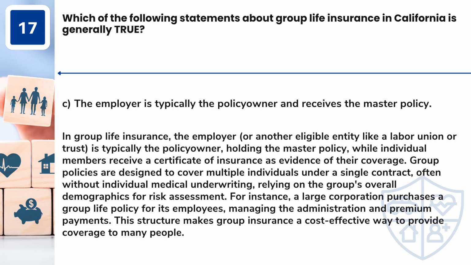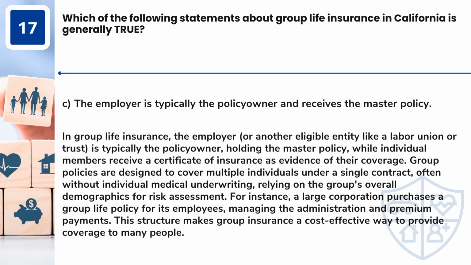Answer: C. The employer is typically the policy owner and receives the master policy. In group life insurance, the employer, or another eligible entity like a labor union or trust, is typically the policy owner, holding the master policy, while individual members receive a certificate of insurance as evidence of their coverage.